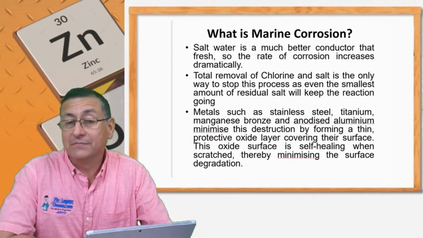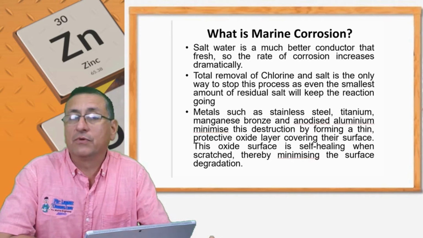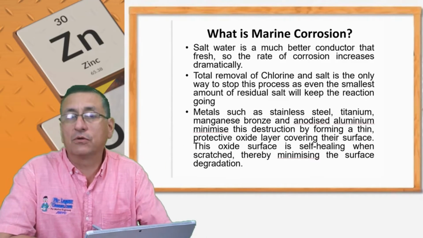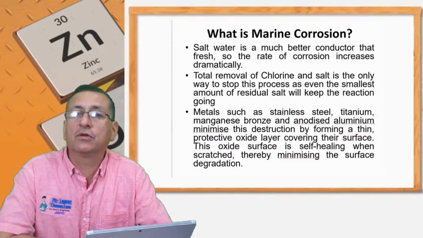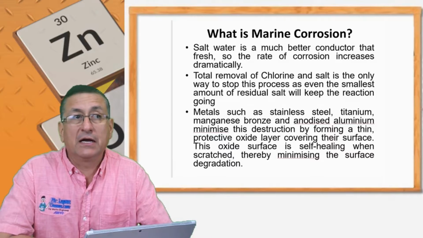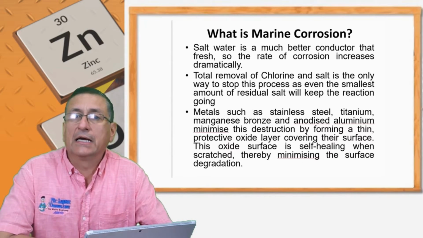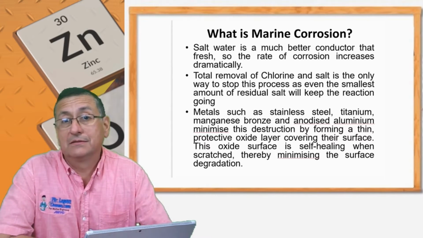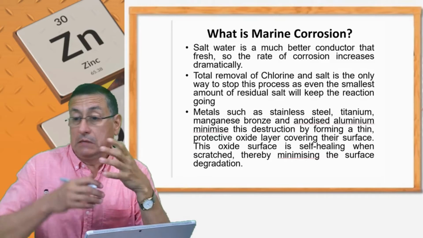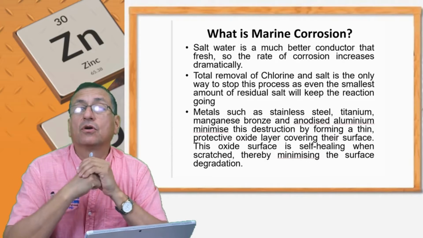Salt water is a better conductor of electricity in comparison with fresh water, of course. And we analyzed before in other videos, other episodes, other courses, that this is basically because salt water has a lot of minerals, a lot of metals. Those minerals and metals suspended in the water make salt water an excellent conductor of electricity.